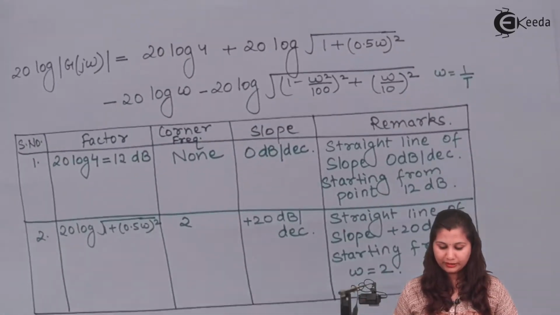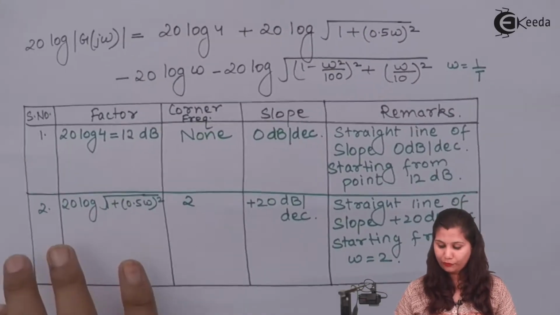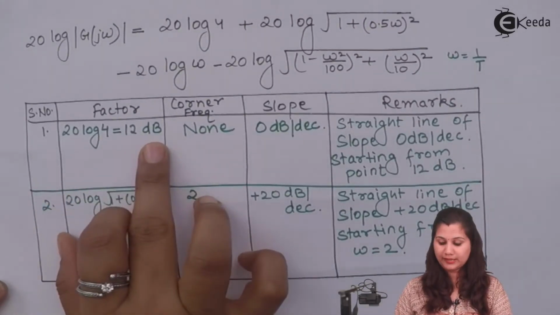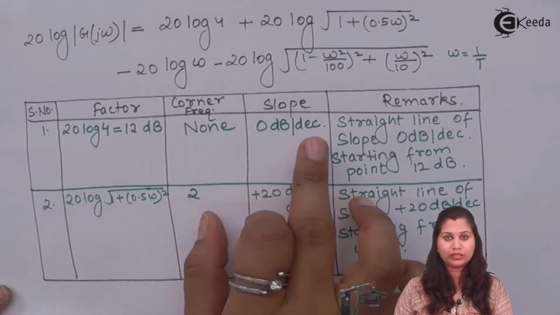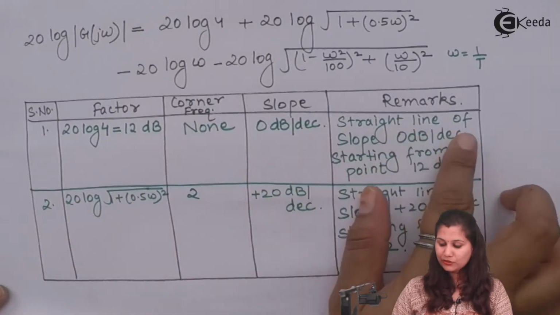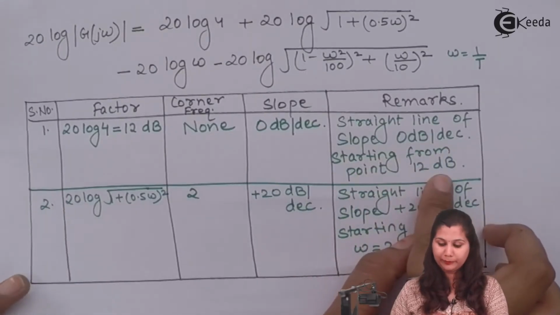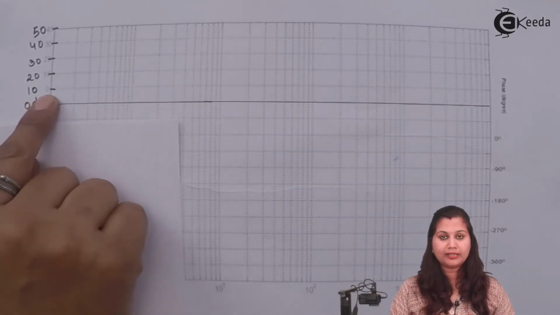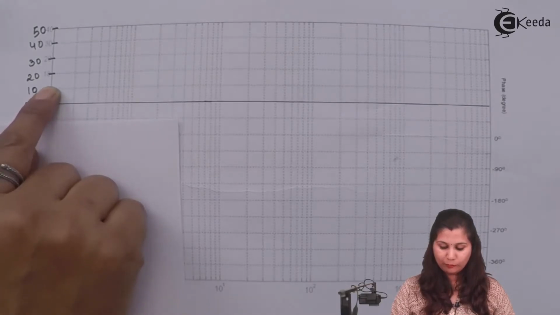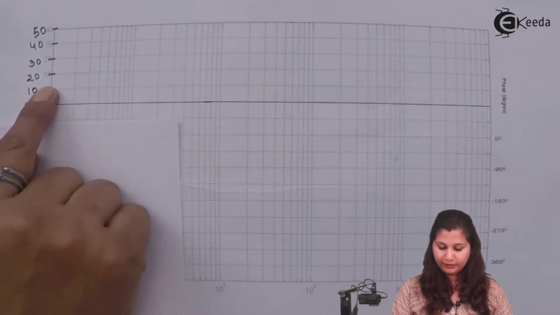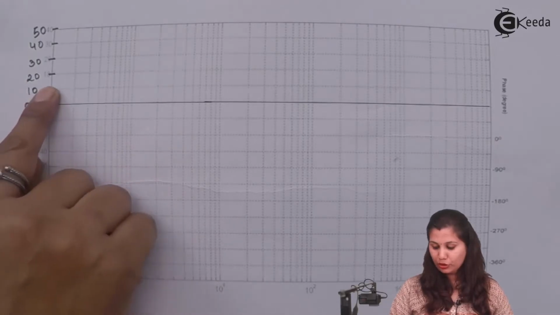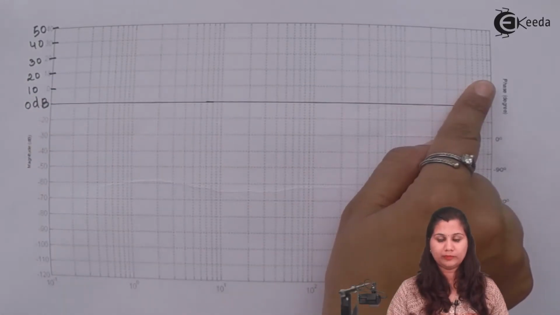So our first factor is 20 log 4, that is 12 dBs, and it is having slope 0 dBs per decade, and it is a straight line of slope 0 dBs starting from point 12 dB. So 10 dBs I have marked here, so 12 dBs will be somewhat upper from this point, and I will draw a straight line having slope 0 dBs here.